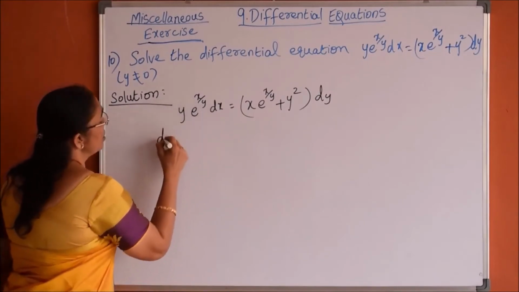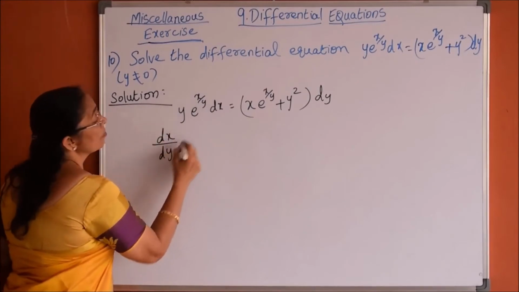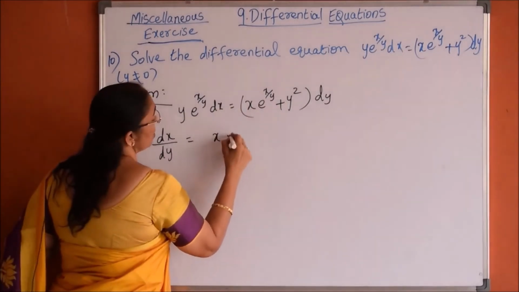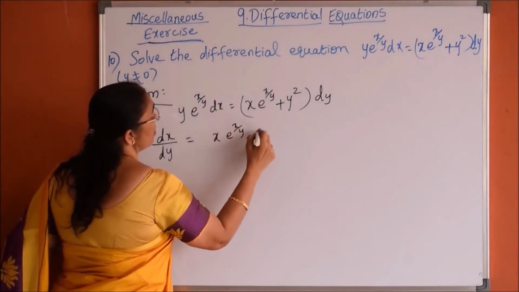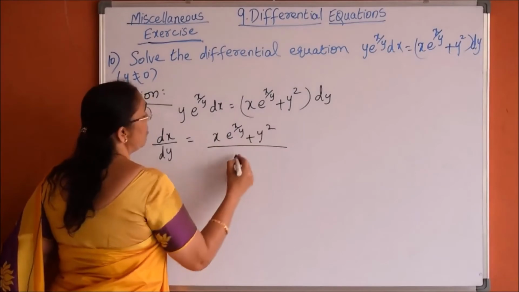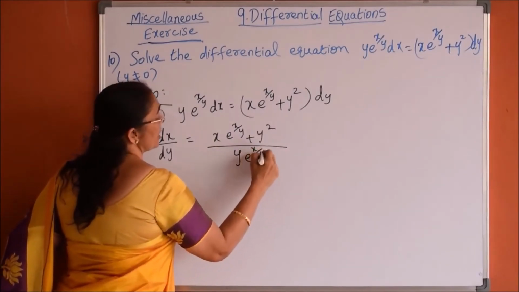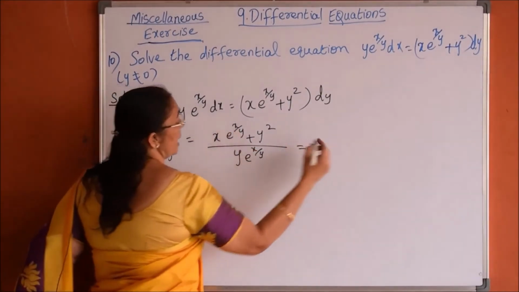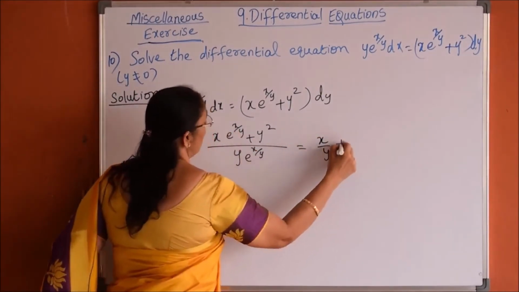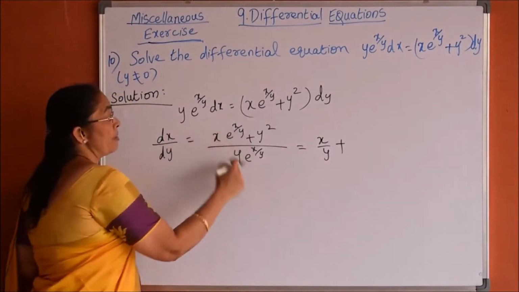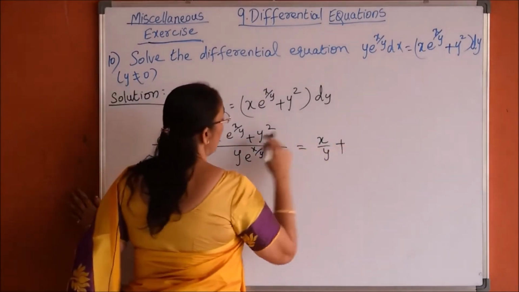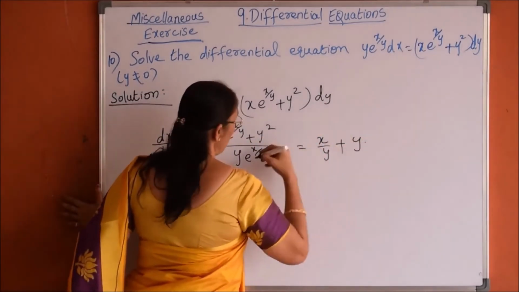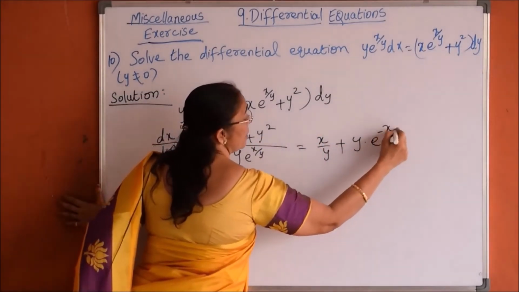We can write dx by dy is equals to x e power x by y plus y square divided by y e power x by y. Now, separating the terms, we can write this as x by y plus y square by y e power x by y, or y into e power minus x by y.